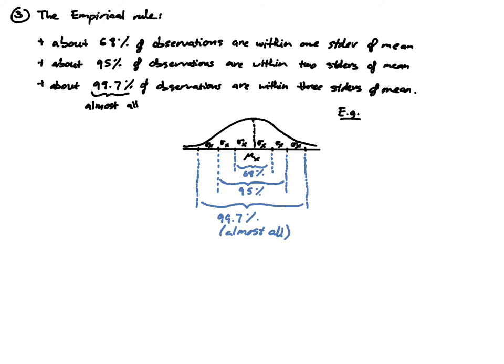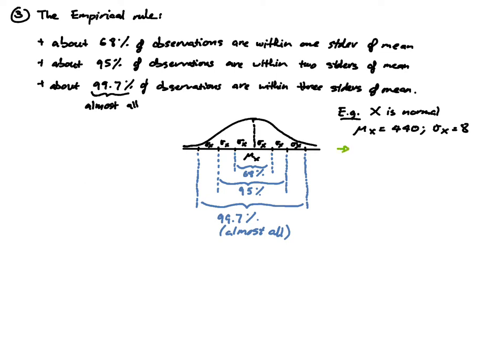Suppose we have a variable x, which is normally distributed. So x is normal, right? With mean of 440 and standard deviation of 8.